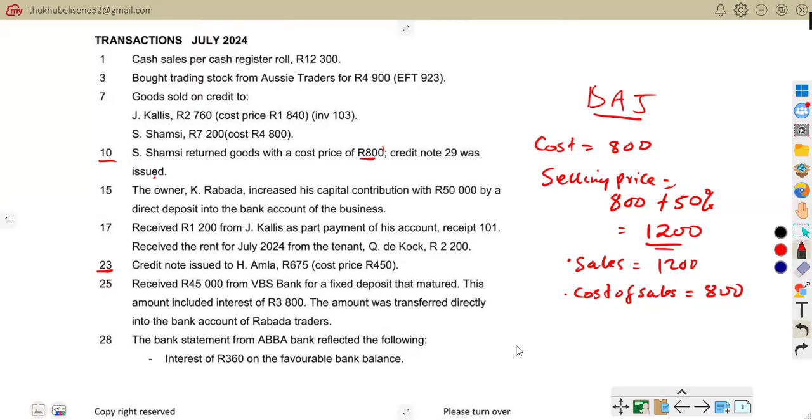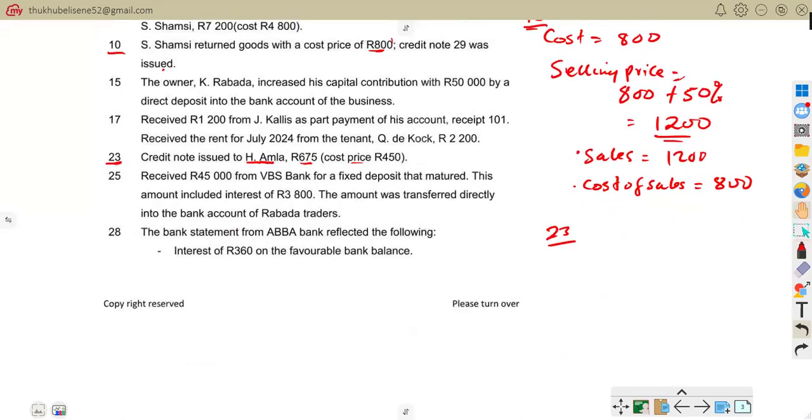So that is the transaction on the 10th. Then we are to attend to the one on the 23rd. We also have a debtors allowance journal there. It says a credit note was issued to H. Amla of 675, and the cost price is 450. So these are already given, no need for calculation.